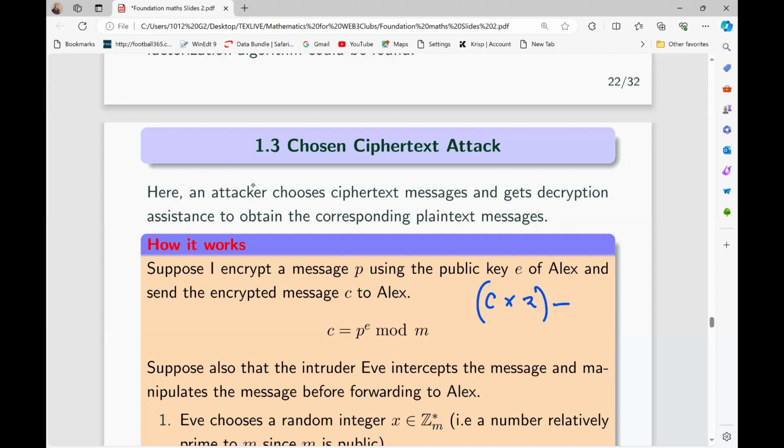Once the intruder gets this decrypted message, he can use it to calculate and get the original message that I wanted to send to Alex.